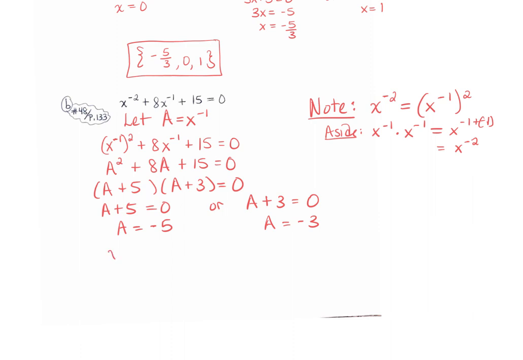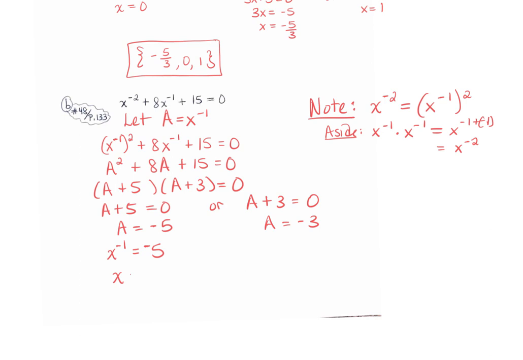So we have x to the negative 1 equals 5. Or, remember, if x to the negative 1 equals 5, then that means x has to be the reciprocal of 5. Sorry, x to the negative 1 equals negative 5, not positive. It should be a negative 5. So remember, if x to the negative 1 equals negative 5, that means x is the reciprocal of this.